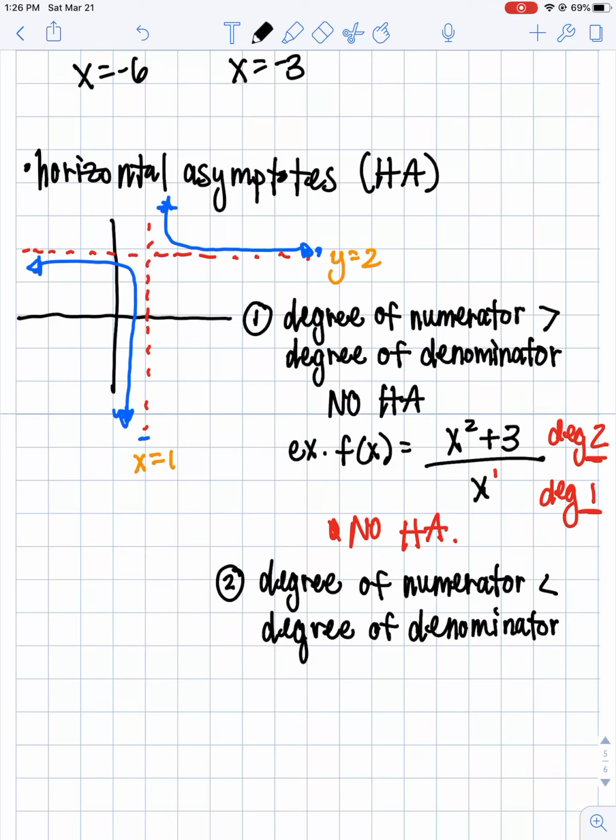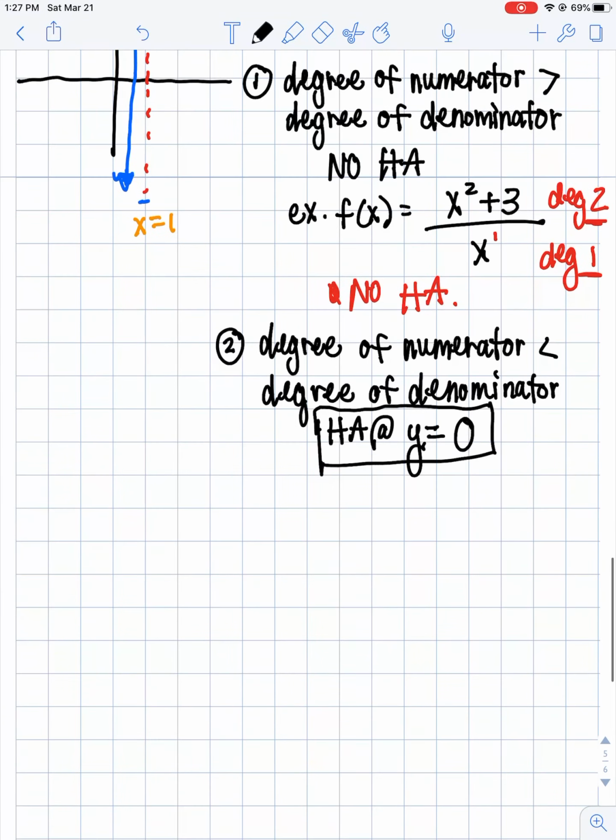Okay, if the degree of the numerator is less than the degree of the denominator, then we do have a horizontal asymptote. And the horizontal asymptote is at y equals 0 every single time. The horizontal asymptote is at y equals 0 if the degree is smaller on top than it is on the bottom. So let me give you an example of this one, gang.